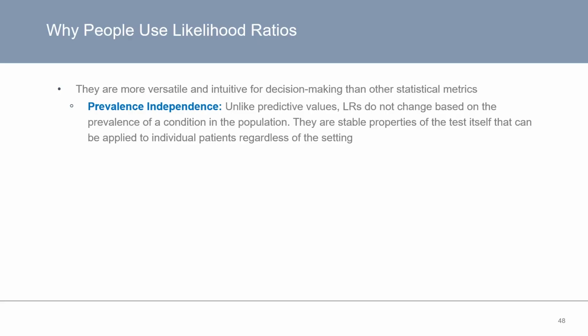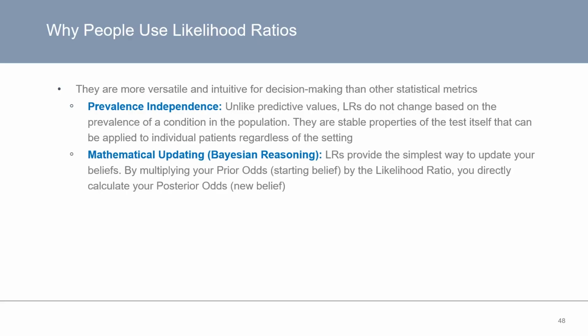They are stable properties of the test itself that can be applied to individual patients regardless of the setting. Second, they can be mathematically updated using Bayesian reasoning. Likelihood ratios provide the simplest way to update your beliefs, and this is done by multiplying your prior odds, or starting belief, by the likelihood ratio in order to directly calculate your posterior odds, or your new belief.